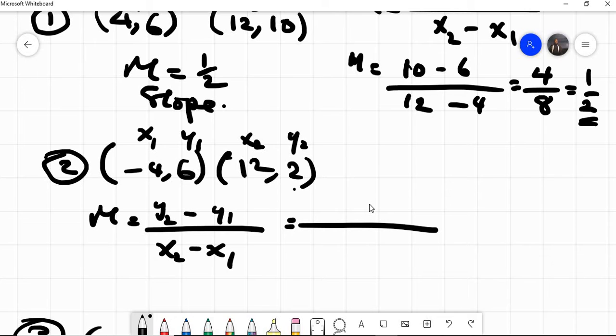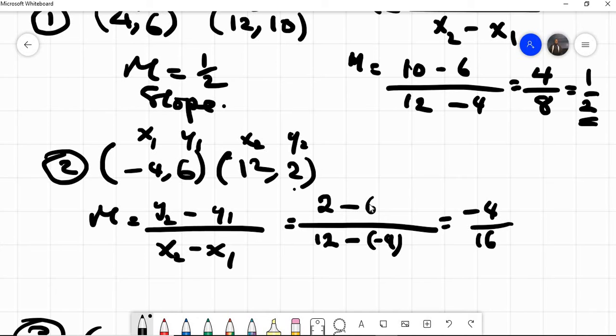So y2 is going to be 2 minus 6, and then x2 minus x1 is 12 minus 4, and then the top will be negative 4, because 6 is bigger. On the bottom, it will be added because minus a negative is plus, so 12 plus 4 is going to be 16.